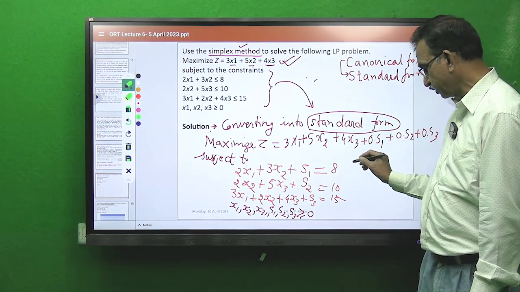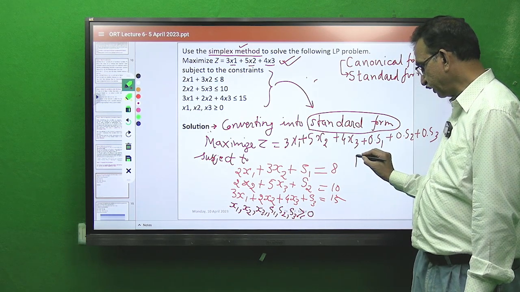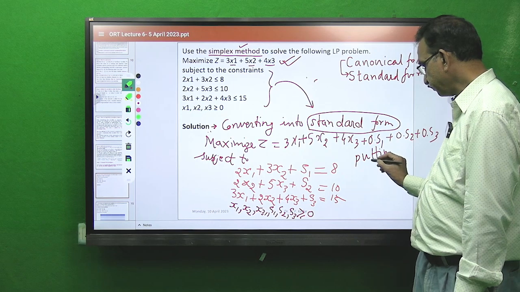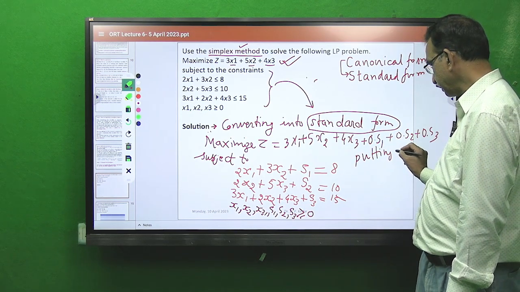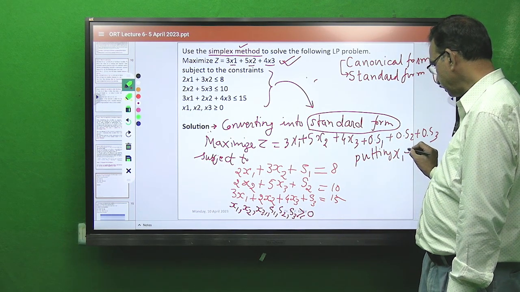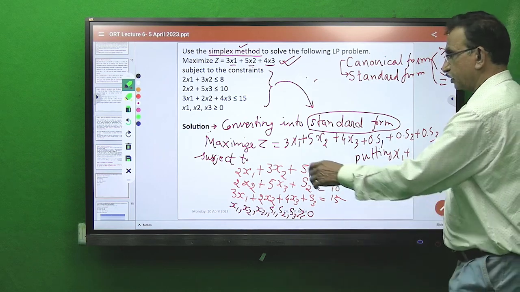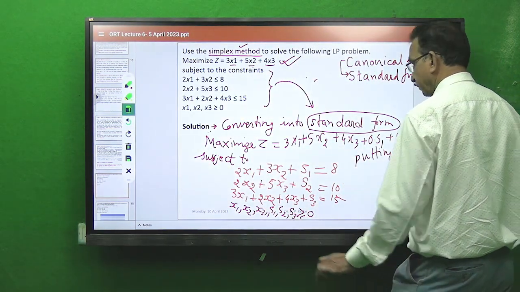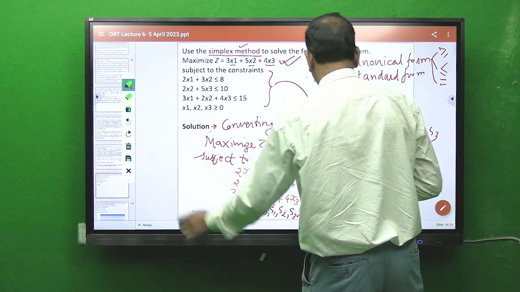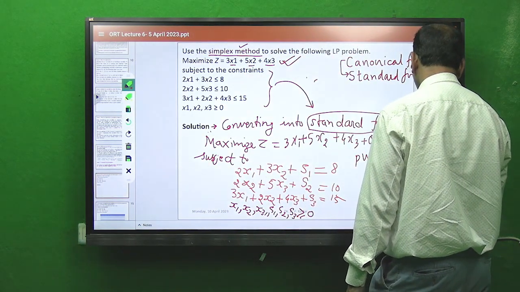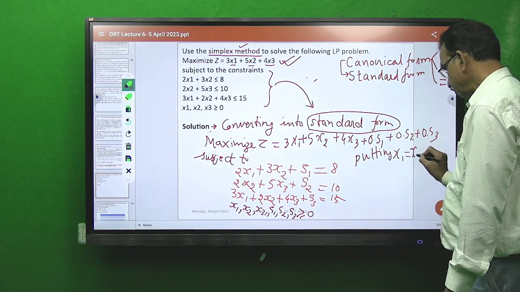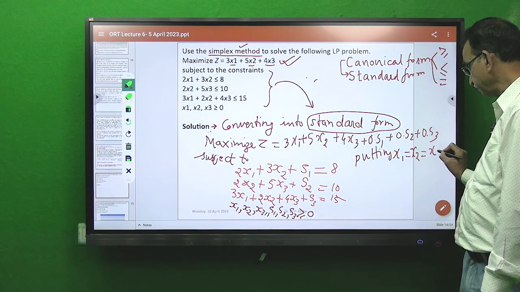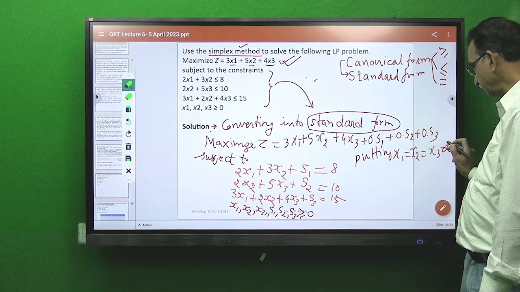So to start with, how we proceed, putting or substituting, you can write x1 equal to x2, equal to x3, all 3 equal to 0.